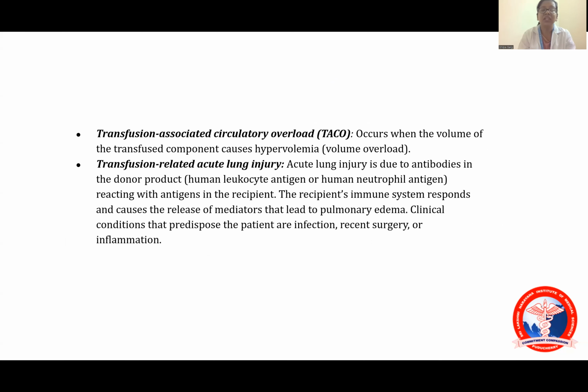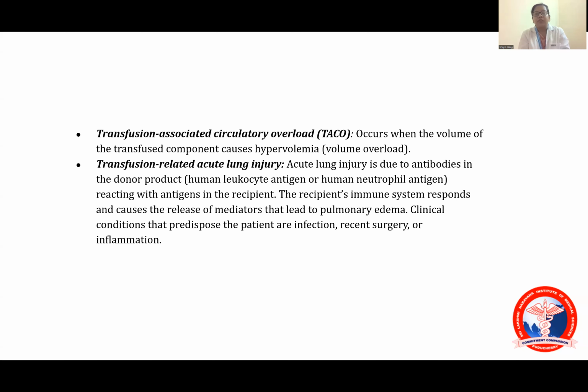Other reactions include transfusion-associated circulatory overload, which occurs when the volume of the transfused component causes hypervolemia, commonly called volume overload. Then there is transfusion-related acute lung injury, or TRALI. Acute lung injury is due to antibodies which are present in the donor product, for example, human leukocyte antigen or human neutrophil antigen.